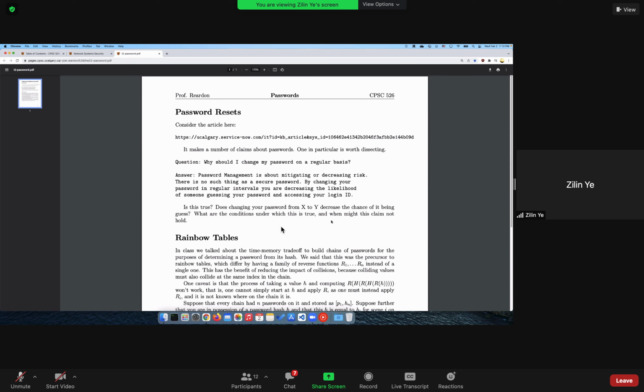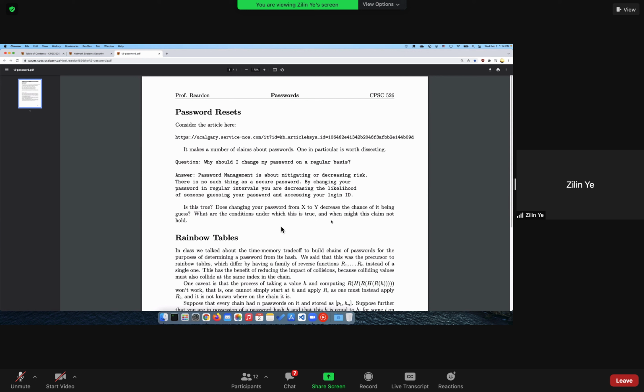And on most authentication systems, the password has a minimum length and a maximum length, right? For example, 8 characters at minimum, and let's say 32 characters at maximum. And the available characters are also limited.